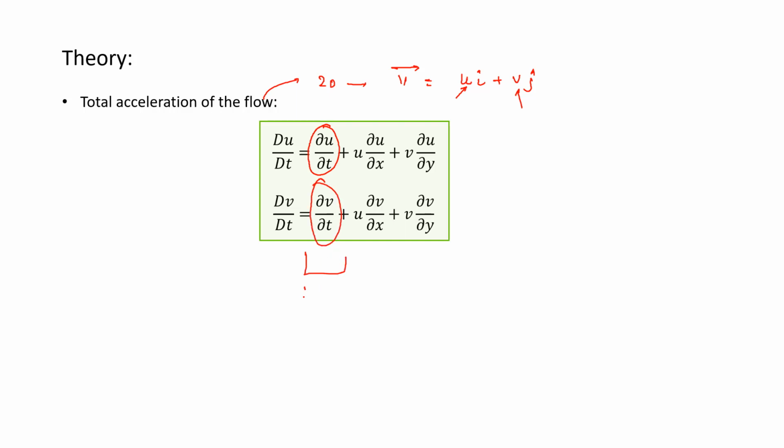These two are your local acceleration terms. And then this term, which comes from the advection of the flow, is called either the convective or the advective acceleration.